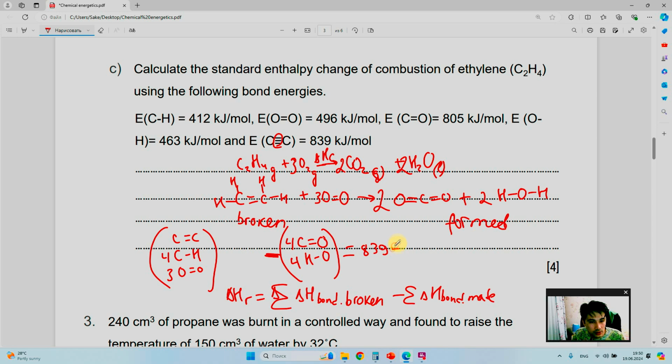So it's 839 plus 4 multiplied by the C-H bond, which equals 412 kilojoules, plus 3 multiplied by oxygen double bond oxygen, which is 496, and minus finally 4 multiplied by the carbon double bond oxygen bond, so this is 805, and minus 4 multiplied by the hydrogen and oxygen single bond, which is 463.